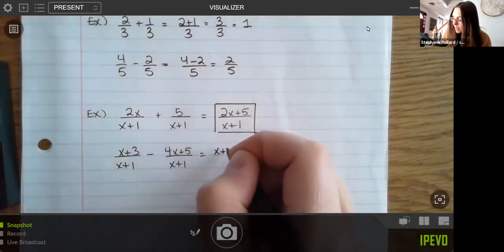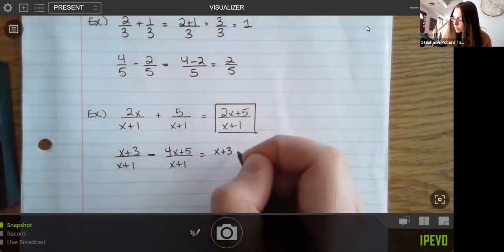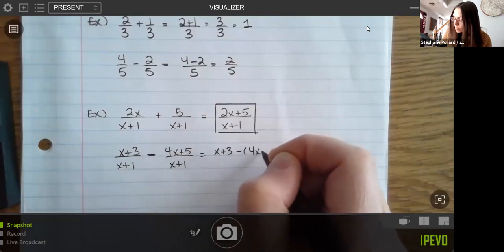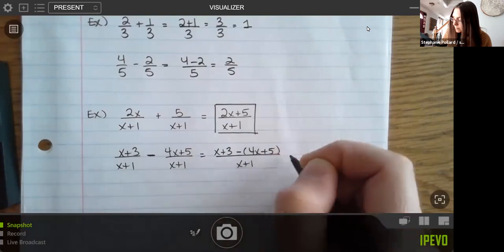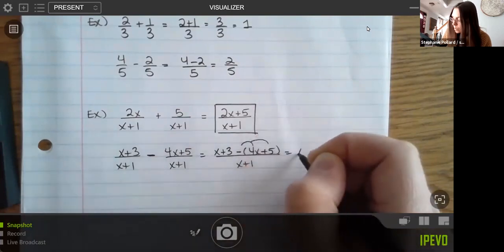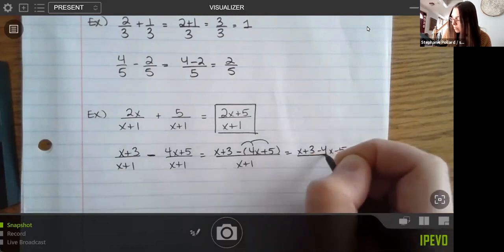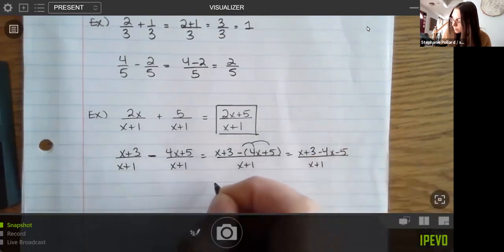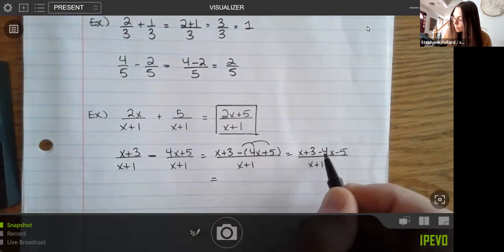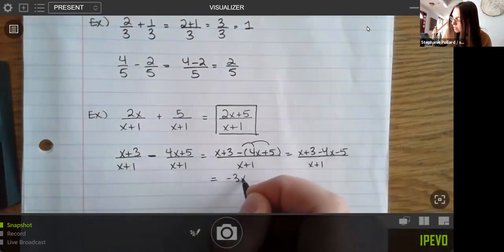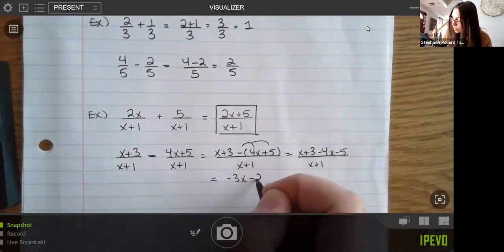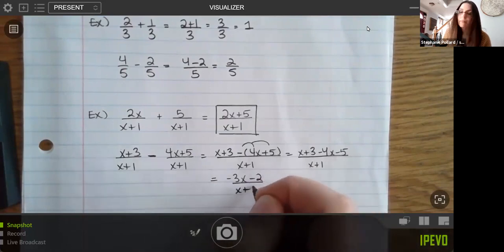Now, you do want to be careful when you have subtraction, because that subtraction does have to get distributed to the next expression. So you have x plus 3, and then it's minus 4x and minus 5. So x minus 4x is negative 3x. 3 minus 5 is negative 2 over x plus 1.